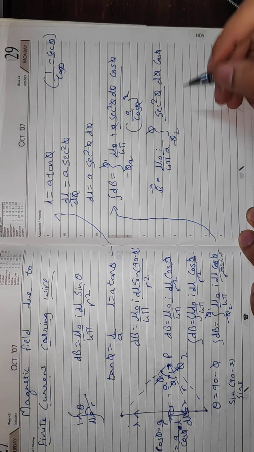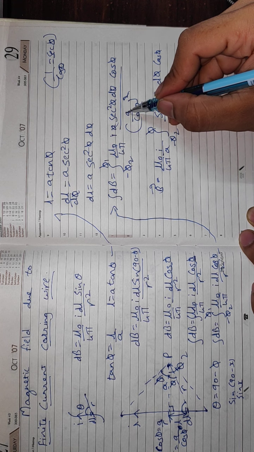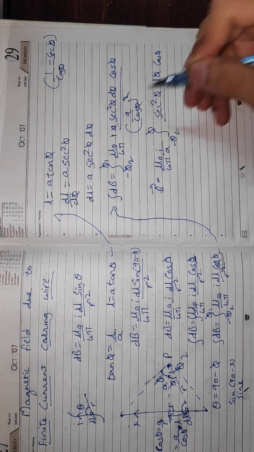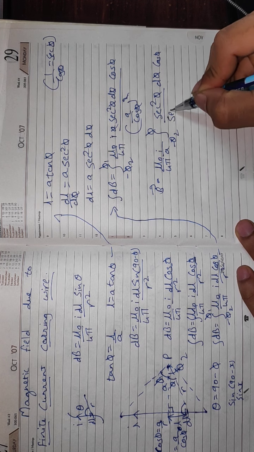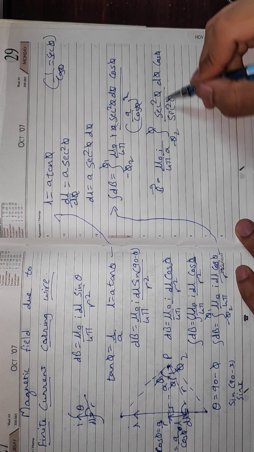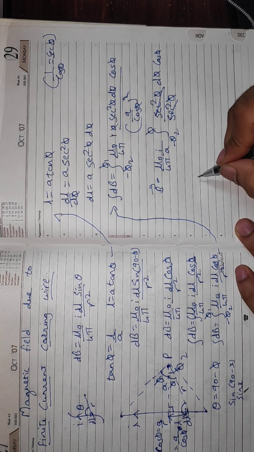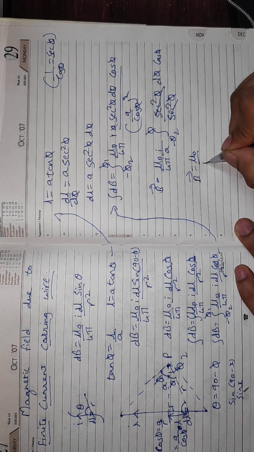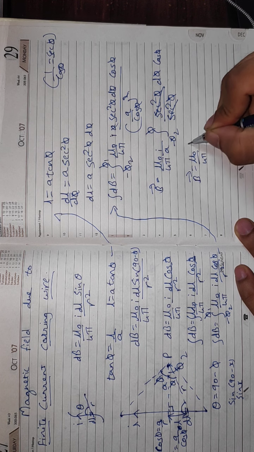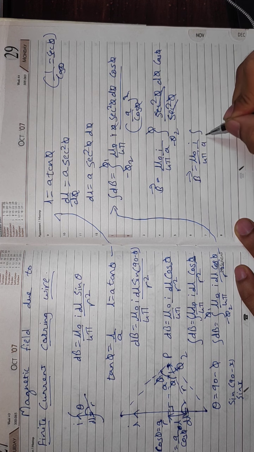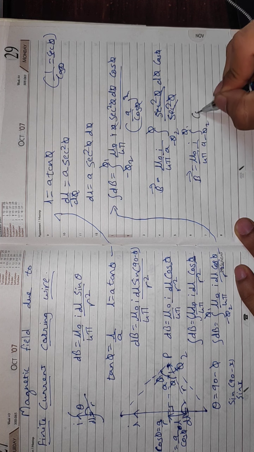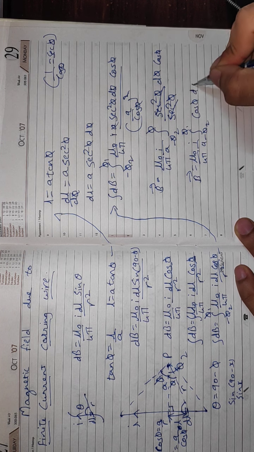As we have taken a common, 1 upon cos square phi will be equal to sec square phi. So this will get cancelled, so B will be equal to mu 0 upon 4 pi I by a, integration of minus phi 2 to phi 1 cos phi d phi.